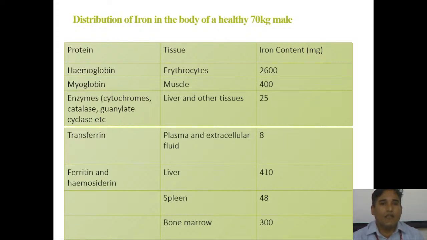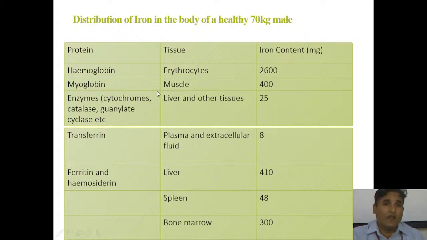This is a table showing the distribution of iron in the body of a healthy 70 kg person. Hemoglobin, the protein present in the erythrocytes, is the major site containing iron, about 2600 mg.